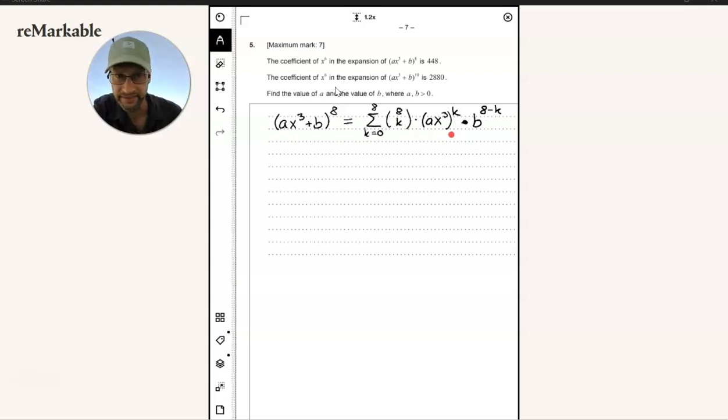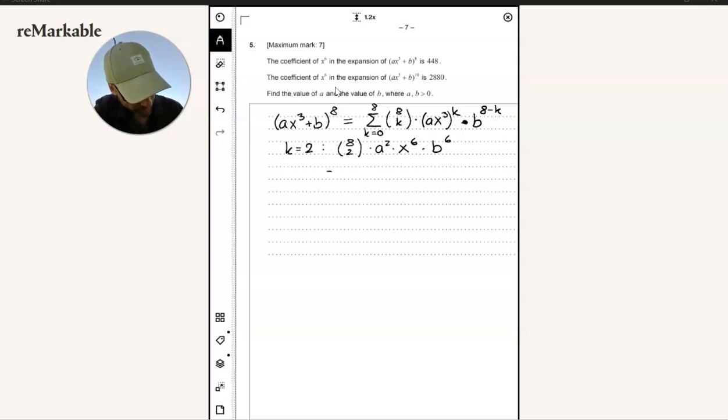And I can already see that that is when k is equal to 2, because then x^3 will be raised to the power 2, and you'd get x^6. So I take the k equals 2 term, which is 8 choose 2, times a squared times x^3 to the second power, that's x^6, times b to the 8 minus 2, that's 6.